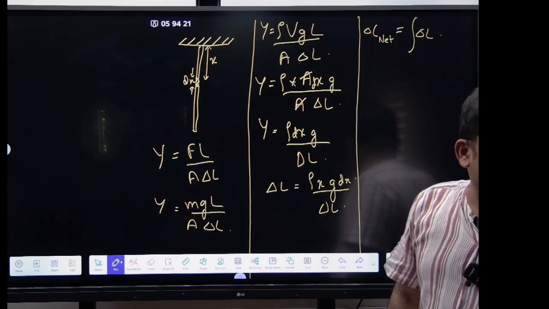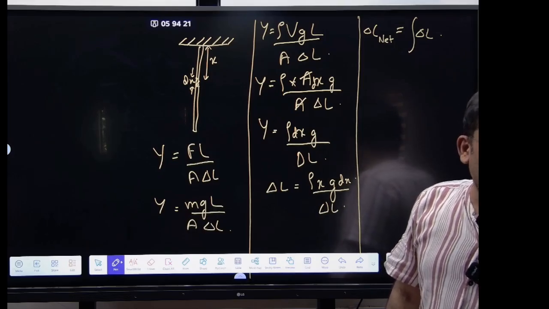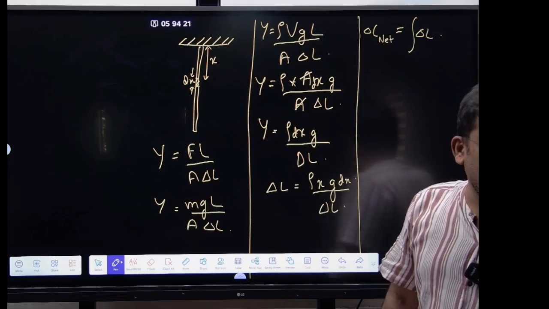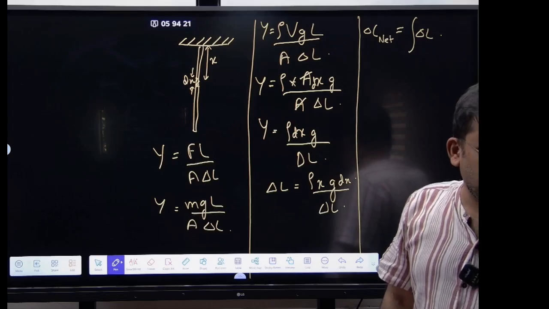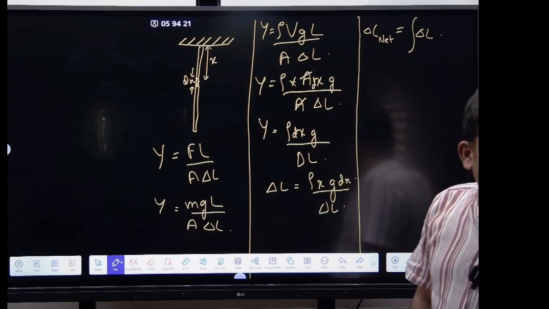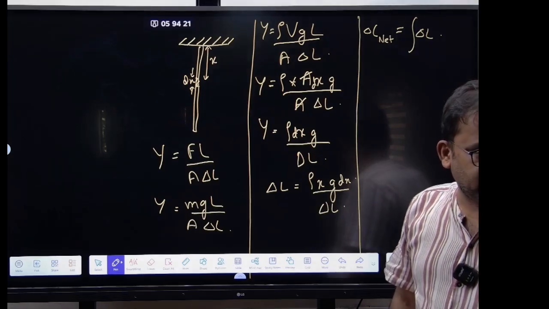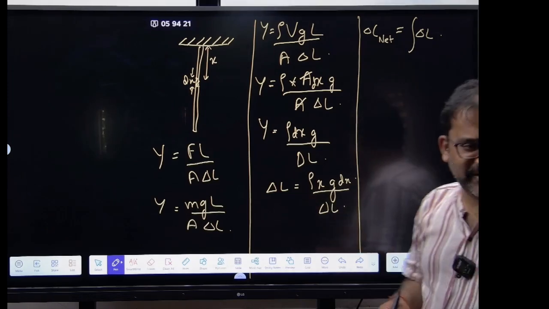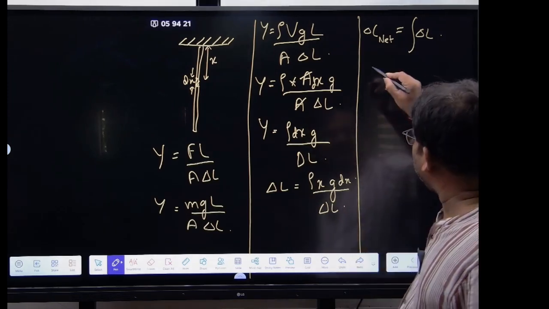Integration defines the pinpoint area of a certain thing. Error defines the pinpoint mistakes you are going to make. What you are learning here is nothing at all. The actual physics is totally different from what you are learning here. Anyway, let's not get off that. Forget anything I said.